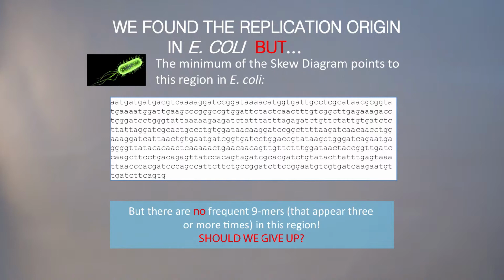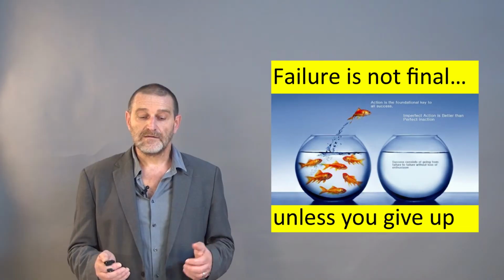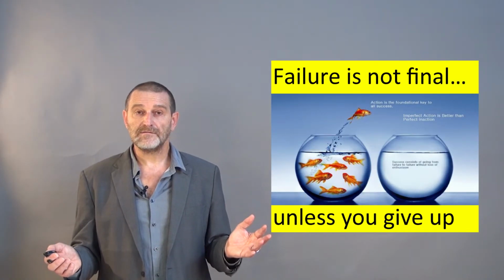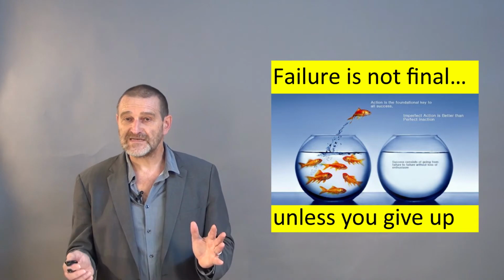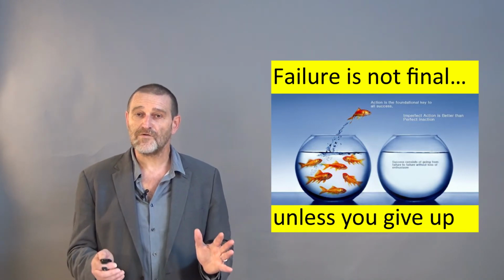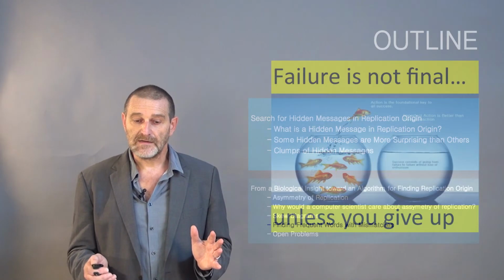There are many reasons why we may fail. Maybe the origin of replication as derived from the skew diagram doesn't point precisely to the area where we want to look. Or maybe, just maybe, we don't have a good grip on how hidden messages in the E. coli origin look like. Should we give up? Let's try to proceed further and figure out what else can be done.